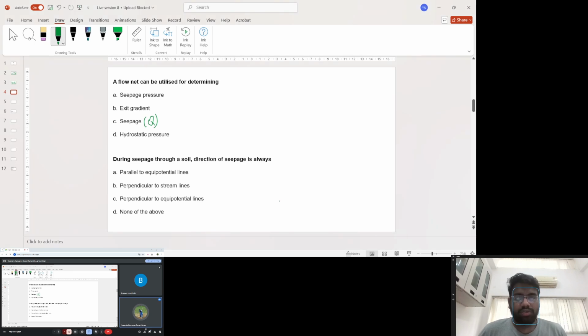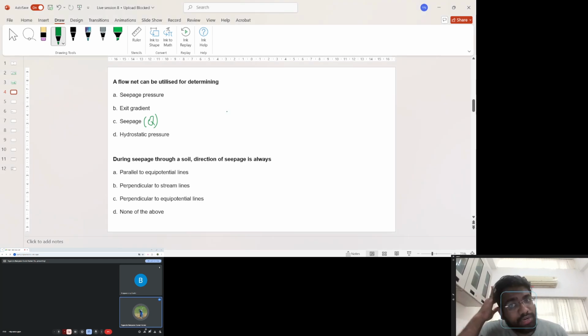Right. So coming back to the question, the flow net can be utilized for determining seepage pressure, exit gradient, seepage and hydrostatic pressure. Coming to the first, A, seepage pressure is i into gamma w, that is the seepage force per unit volume, which is indirectly the seepage pressure getting induced.